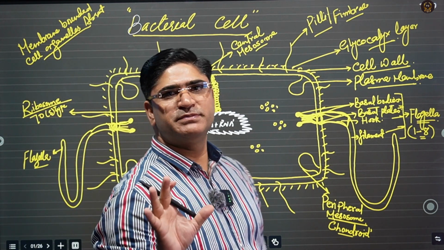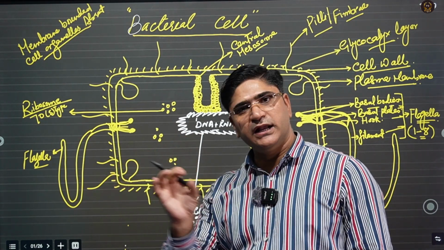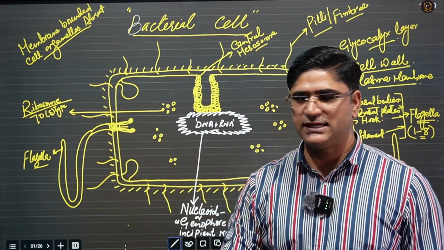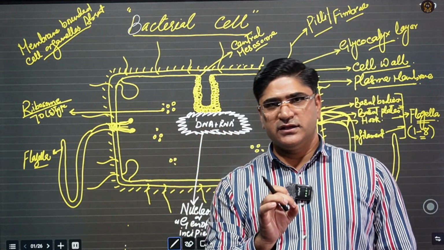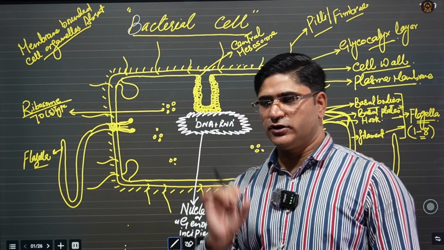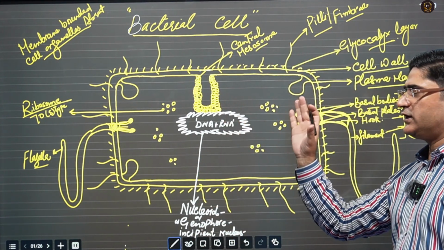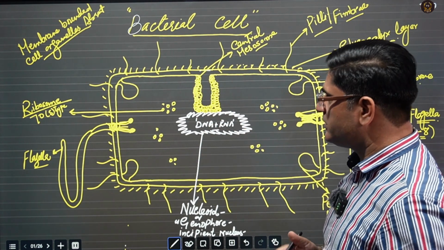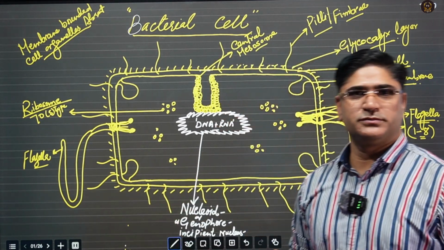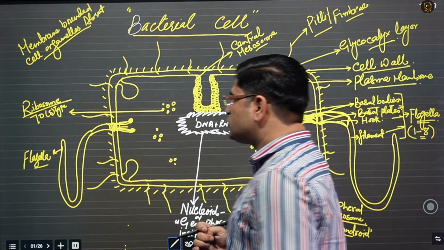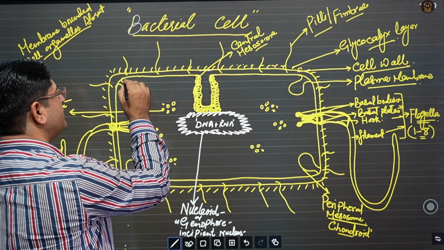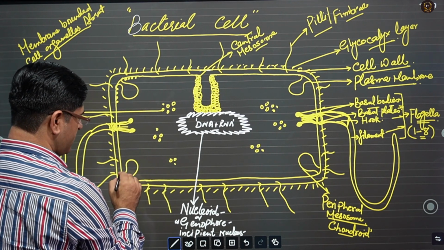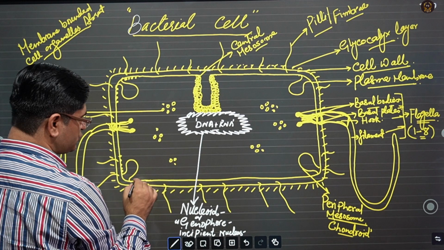There are two types of ribosomes, 70S type and 80S type. The 70S type ribosome can be found only in prokaryotic cells like the bacterial cell, and the 80S ribosome is found only in eukaryotic cells. Remember this. This prokaryotic 70S ribosome is present in the whole cytoplasmic region. Some of the ribosomes get associated with the plasma membrane nearby the peripheral mesosomes, like this.